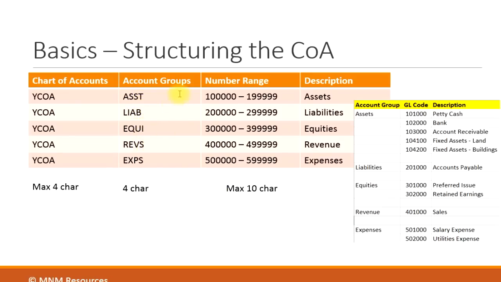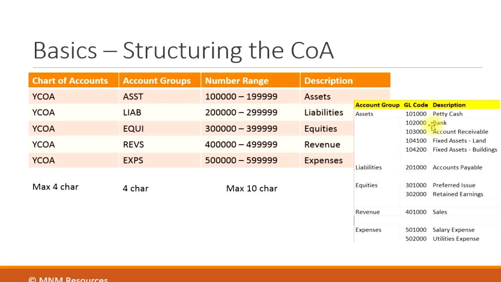Now for each account group, you have to give a number range. This number range controls the GL account code. Now, in this example, for assets, I have given a number range from 100000 to 199999. So then all the asset accounts I'll be creating have to fall under this number range.